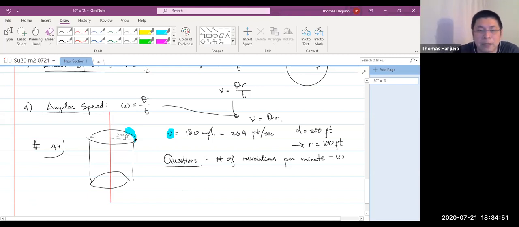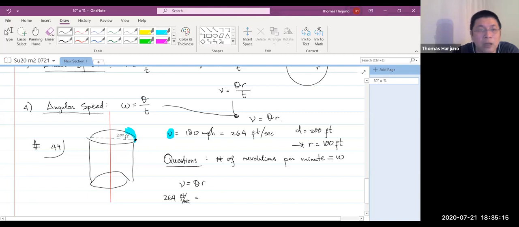Now, let's see. We know that the linear speed is equal to omega times radius, right? The linear speed is 264 feet per second.